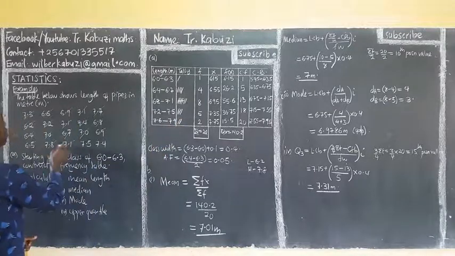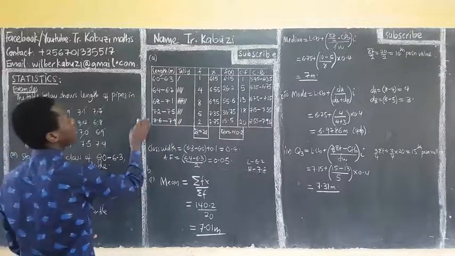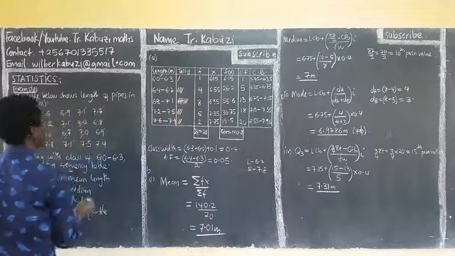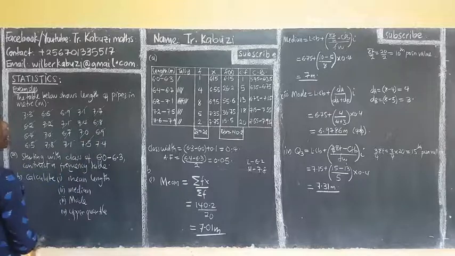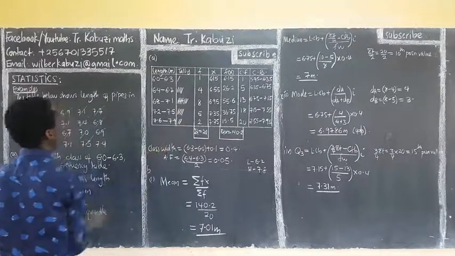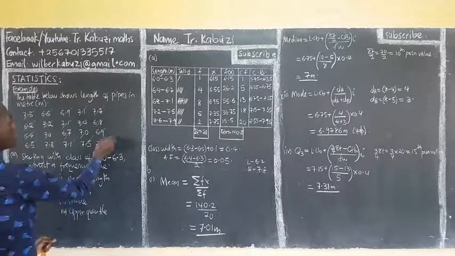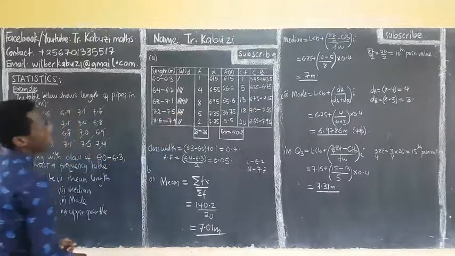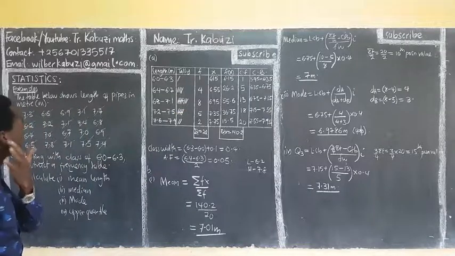Then 7.1 is here, 7.1 is there. Then 7.5 is here, and 7.4 is also there. So that's how we do the tally.